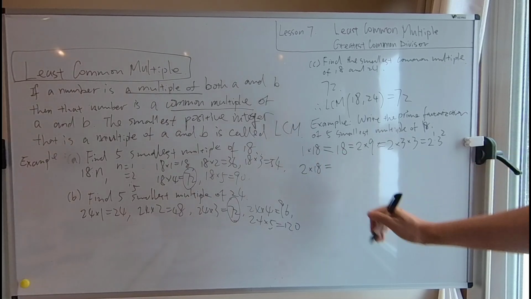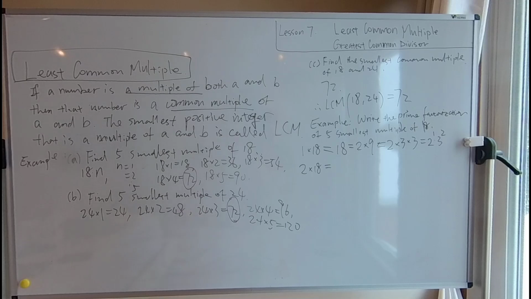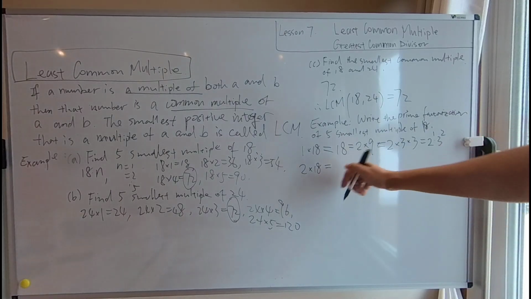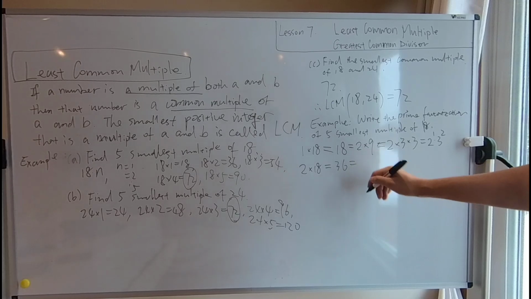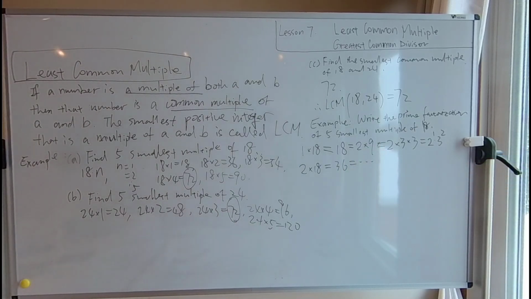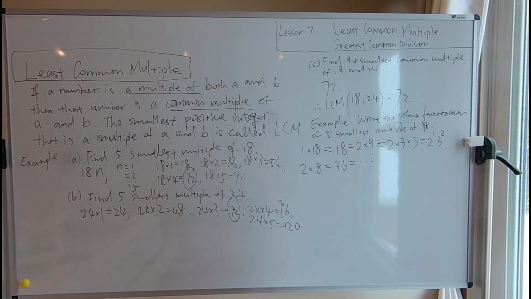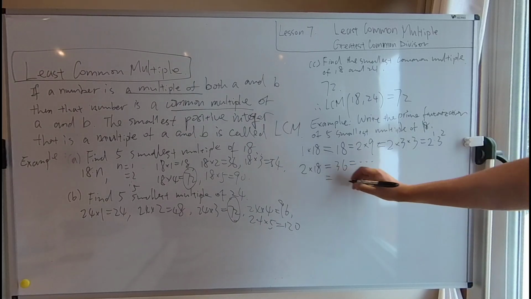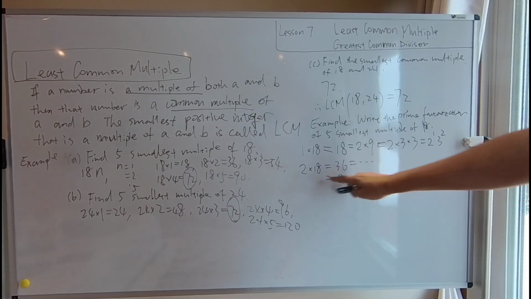The second smallest multiple of 18 is 2 times 18. There are two ways. One way, you do the multiplication first, you get 36, then do the factor tree on it. I would use the second way because I already know the prime factorization of 18.